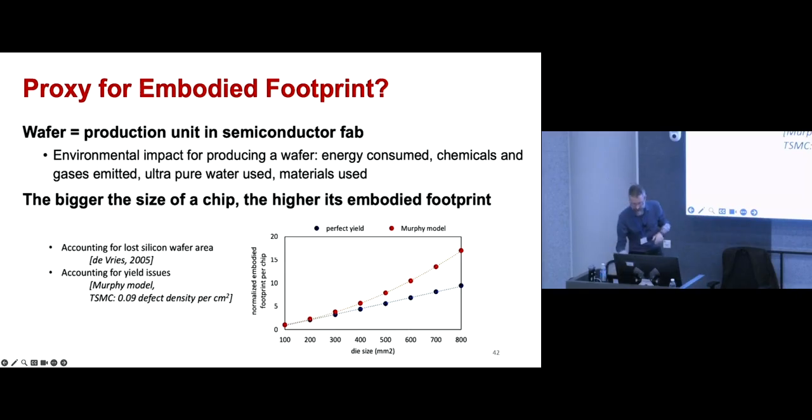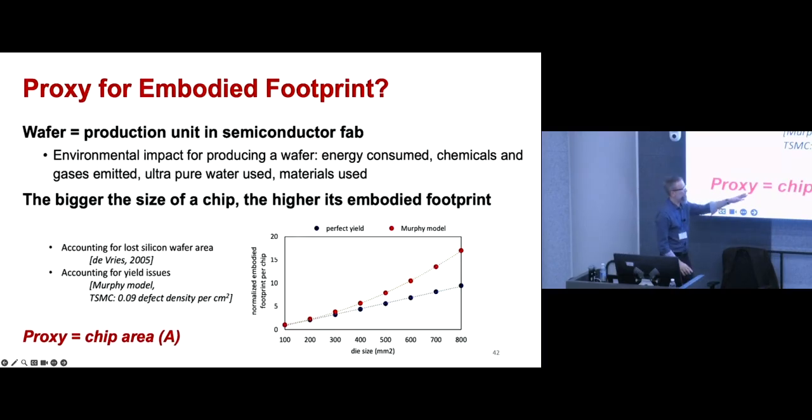So a proxy that I've been advocating for is chip area. If we include yield, then you may want to refine this equation or this proxy and make it a function that approaches the red curve rather than the blue curve. But I decided not to do that because the semiconductor industry and the processor manufacturers also do binning of processors.